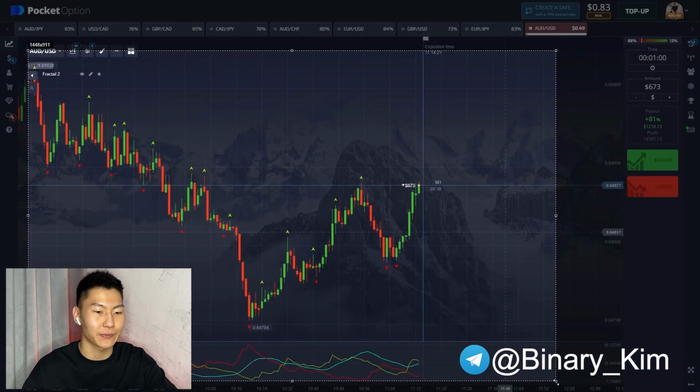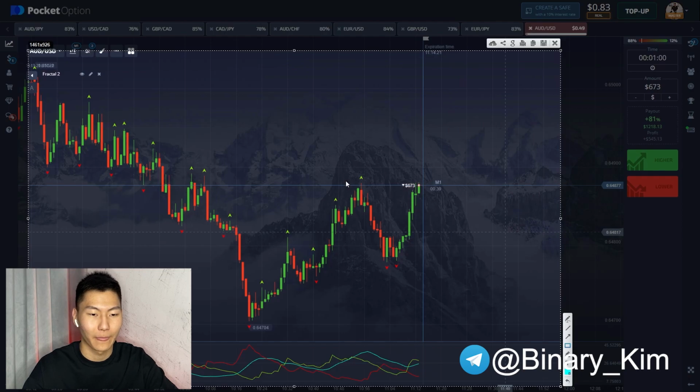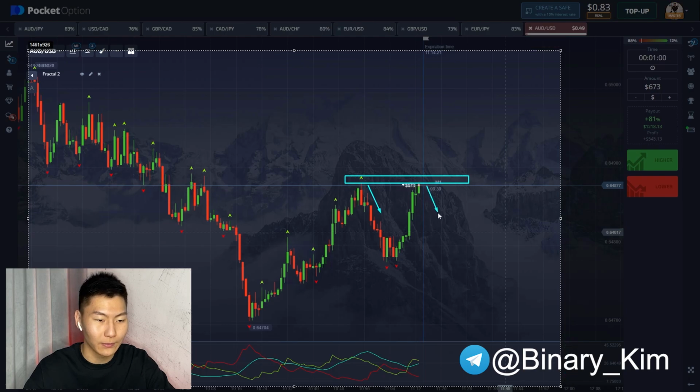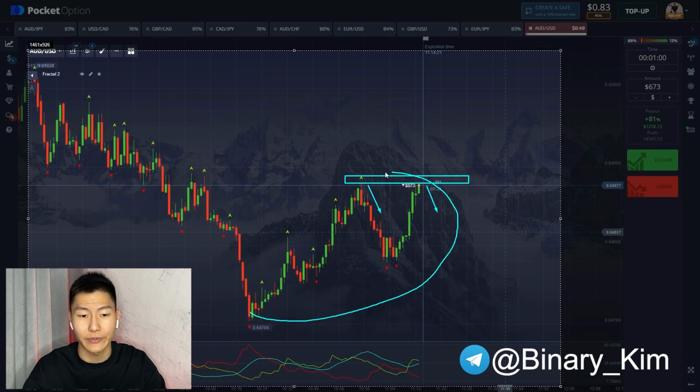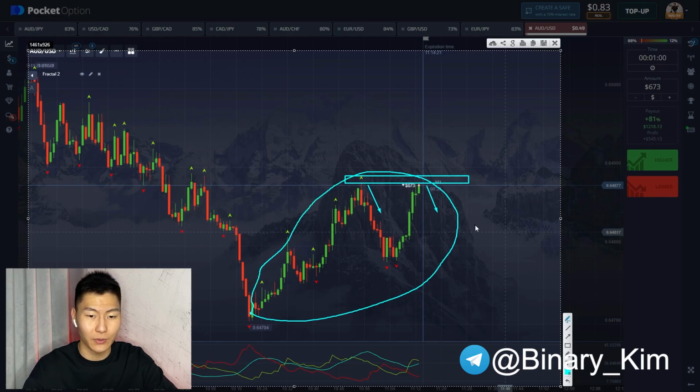I'll select the workspace. I want to draw your attention to the fact that the resistance zone should play out here, and the price is going to go down. If we take a closer look at the zone, we can conclude that this is an uptrend.